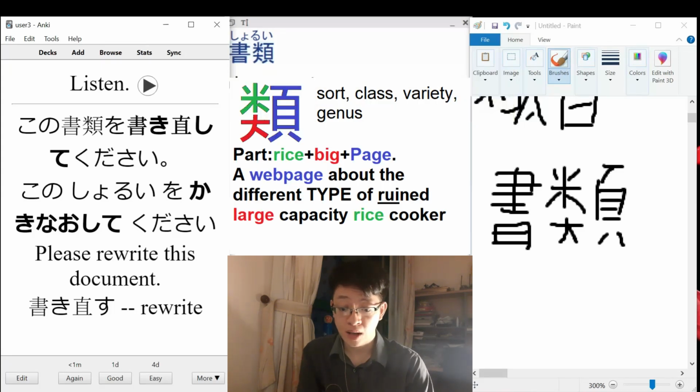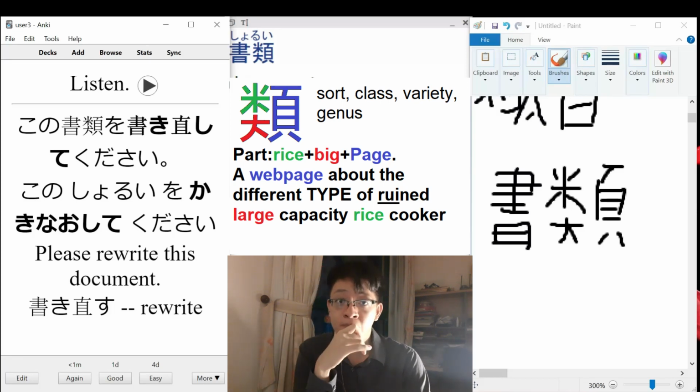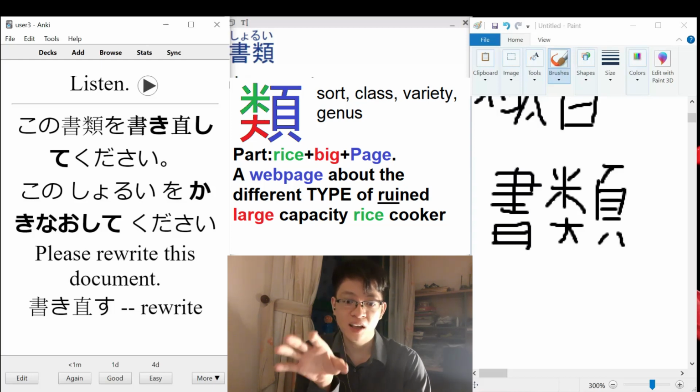Anyway, this one means type or class or sort, right? So I guess you can think of it as a web page about the different types of large capacity rice cooker. Yeah. Like if you use Google with big and rice, you would think that you would somehow end up with a page that lists different types of rice and how big they are.